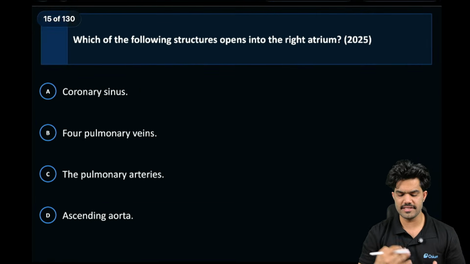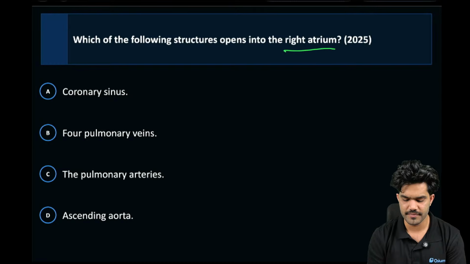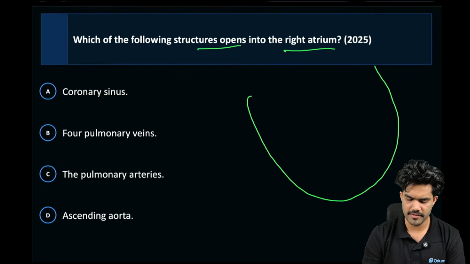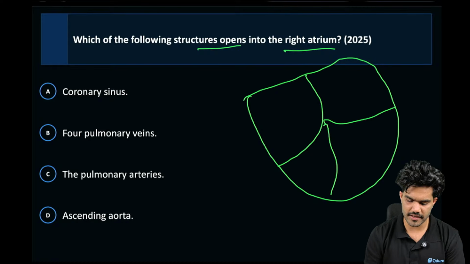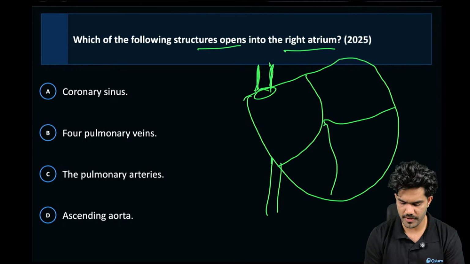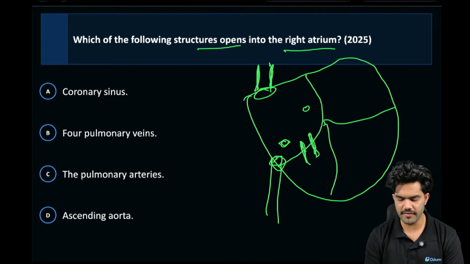Which of the following structures open into the right atrium? If this is the heart, we are talking about which structures open into this right atrium. Above we have the superior vena cava opening, the inferior vena cava opening. We have the tricuspid valve opening, plus the coronary sinus opening, plus the anterior cardiac vein opening.